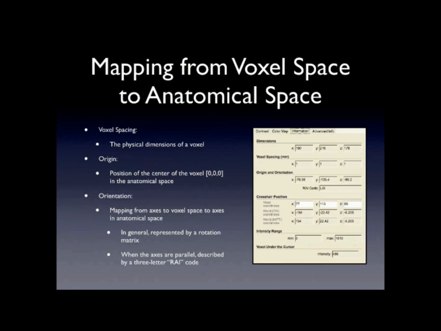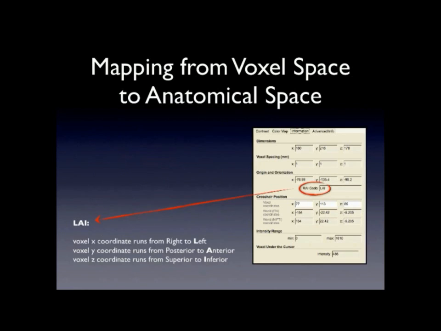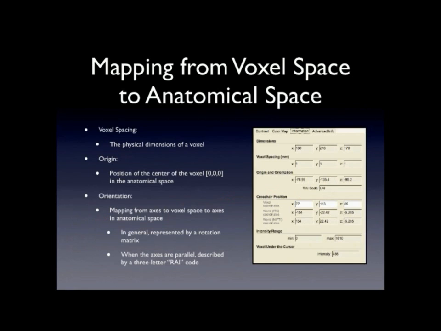Before I get to that, there's quite a bit of information about this mapping from coordinate space into the physical space, and you can see a lot of that information on the information tab. In the same window where we looked at contrast and color map, there's an information tab, and you can see the dimensions of the image, the voxel spacing, that's the physical dimensions of the voxel, and the origin.